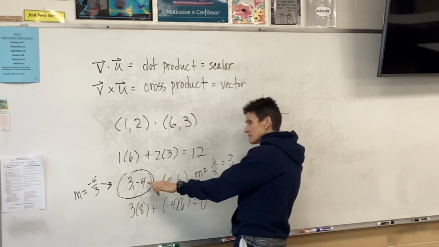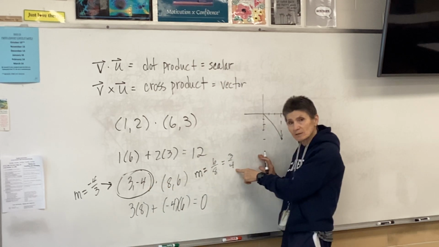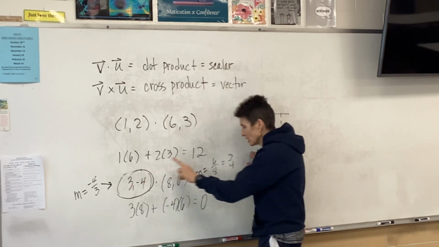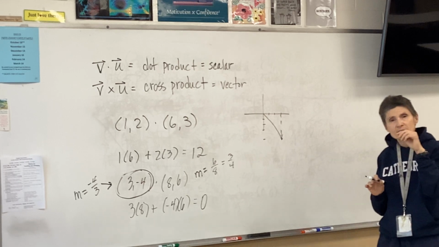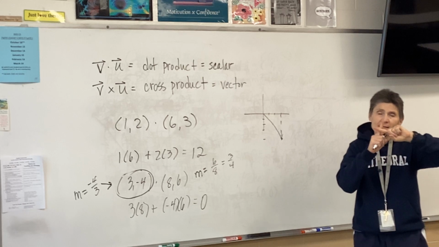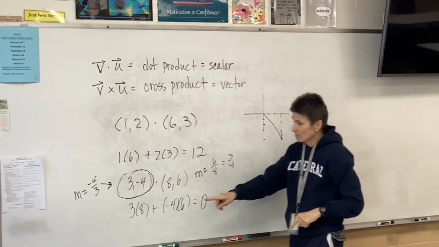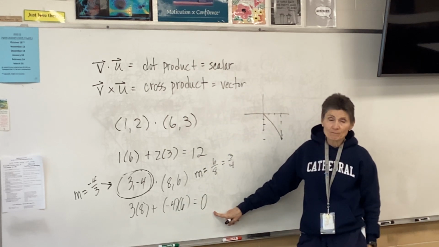The slope of this vector is -4/3. The slope of this vector is 3/4. What's the relationship between those 2 slopes? They are opposite reciprocals, which means the lines are perpendicular. When the dot product is 0, it means your vectors are perpendicular.